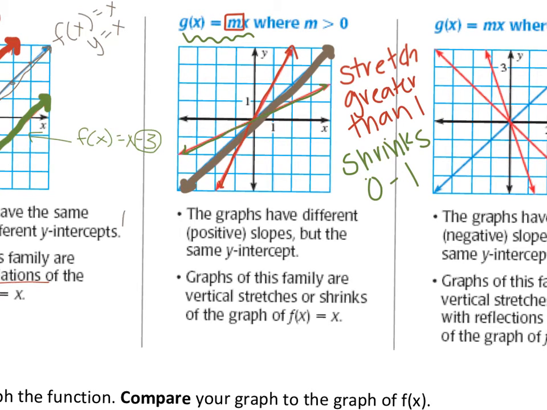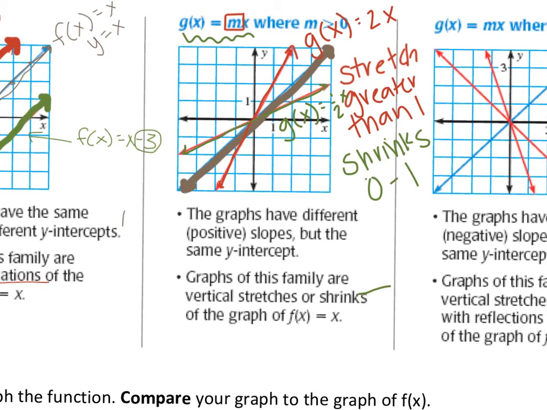For example, this one could have been g of x equals 2x, because 2 is the number in front of x and it is larger than 1. This other graph here could have been g of x equals 1/2 x, because 1/2 is between 0 and 1. So that is shrinking and stretching.